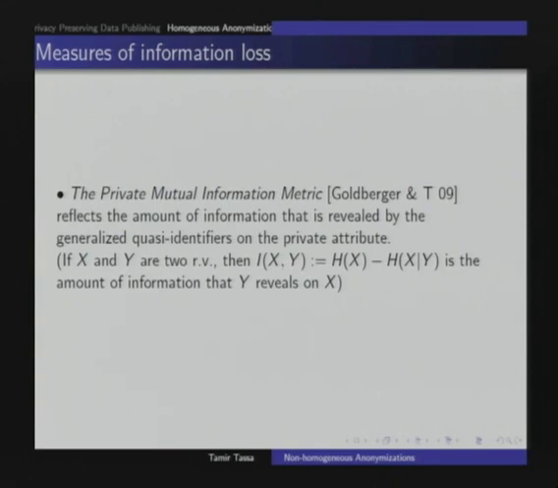So it reflects the amount of information that y reveals on x. It looks asymmetrical, but it is actually symmetrical. If you replace x and y, you get the same thing. So by trying to minimize that quantity, you actually try to do a similar thing to what Ingar did in his classification error, but in a much more accurate and rigorous way.